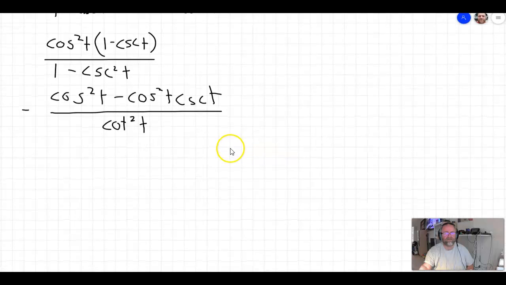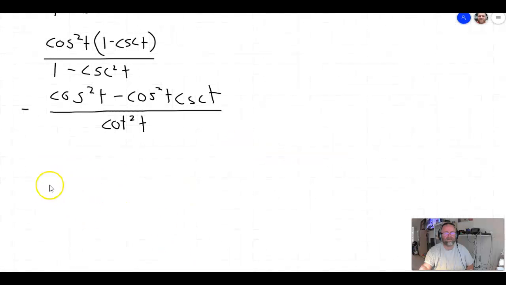Now let's go ahead and multiply by the reciprocal of the denominator. Remember that cotangent squared of t is the same thing as cosine squared of t over sine squared of t. So we're just going to flip that. Then we have cosine squared of t minus cosecant of t on the top.